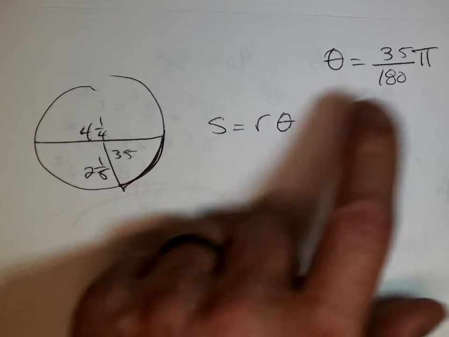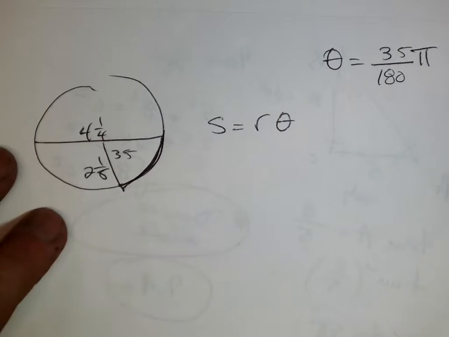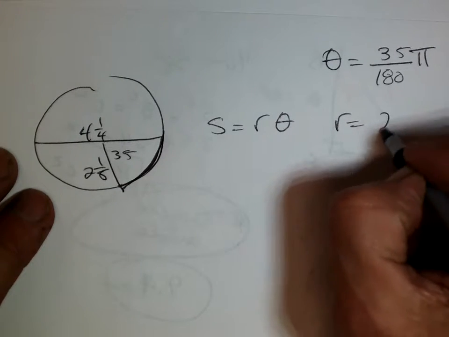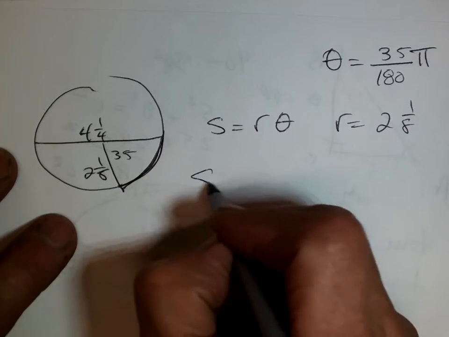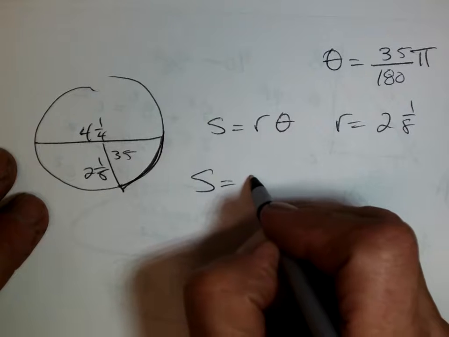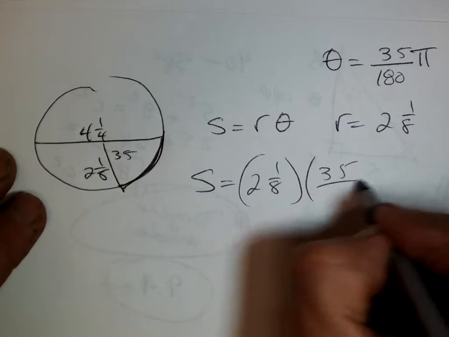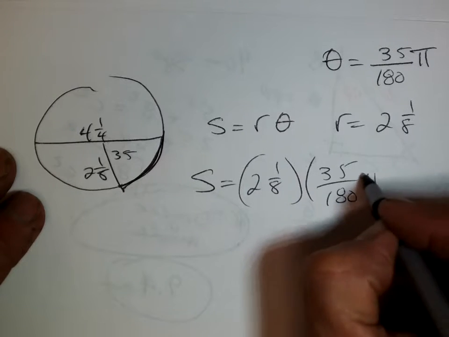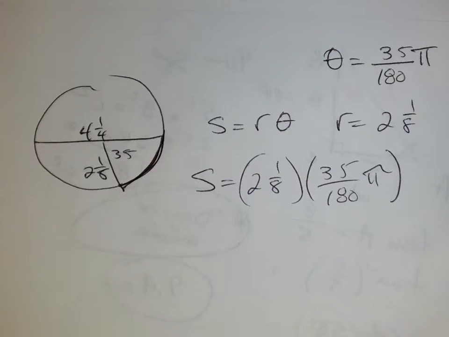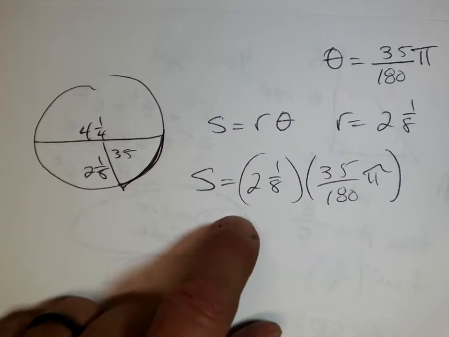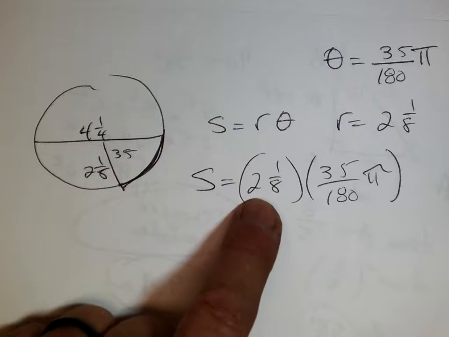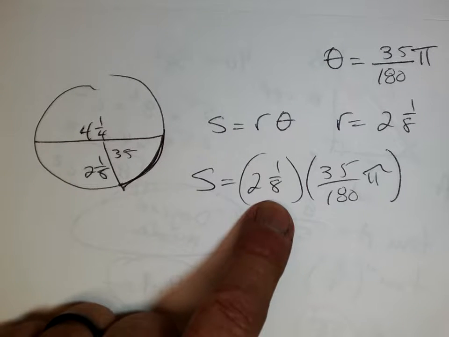So that's my angle. Now my radius then is 2 1/8. So my arc length is 2 1/8 times 35/180 pi. Let me do that on my calculator, okay? 2 1/8 is the same thing as 17/8.